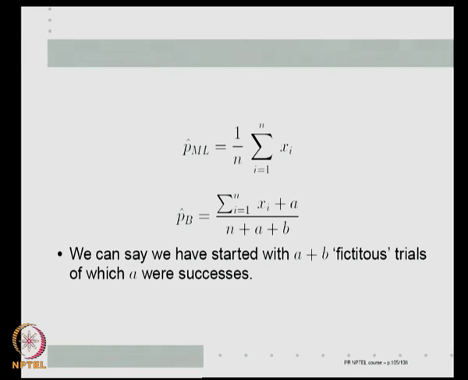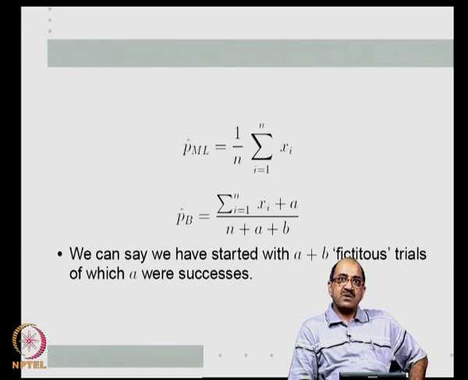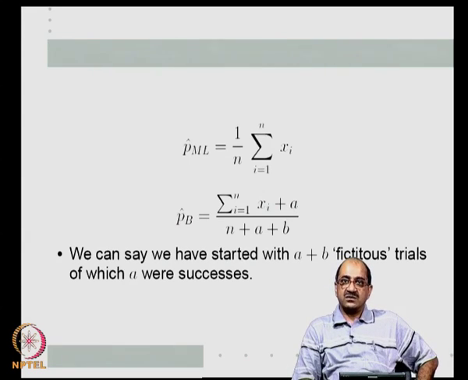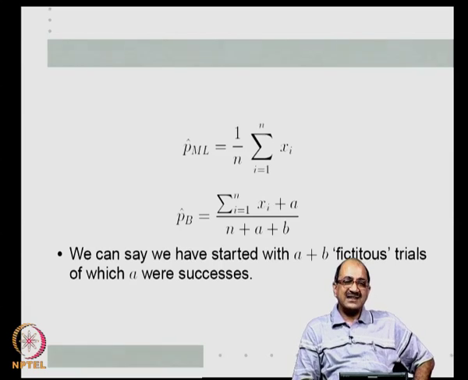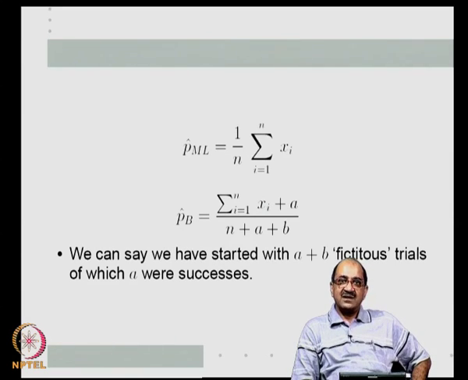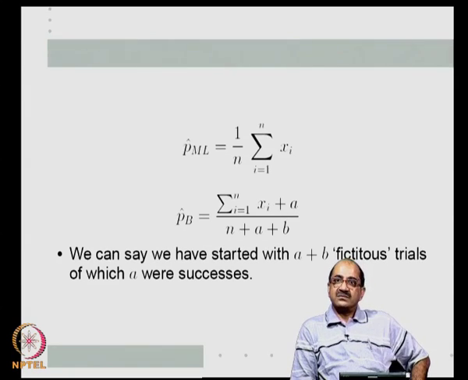If I am looking only at the data, and I toss the coin only once, then my only possible maximum likelihood estimates are either 1 or 0, which is ridiculous. But if I think that the coin is fair and that I need at least a sample size of, say, 6, I take a equal to b equal to 3.